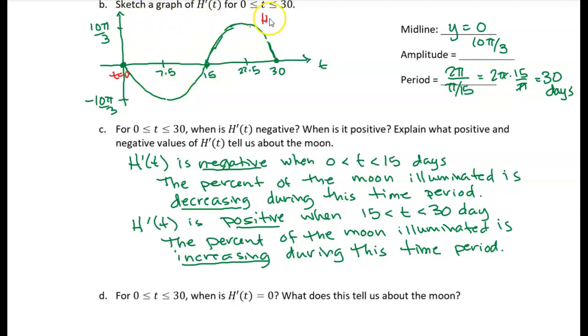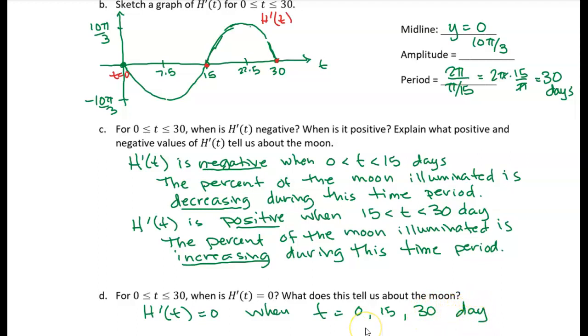This is h prime of t. And it's also 0 here at 15, and it's also 0 at 30. All right, so to answer the question, h prime of t is equal to 0 when t is equal to 0, 15, and 30 days.